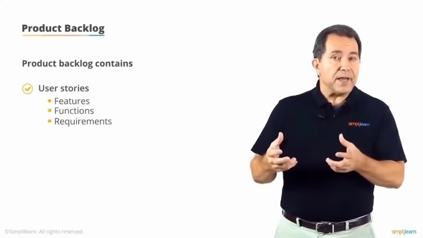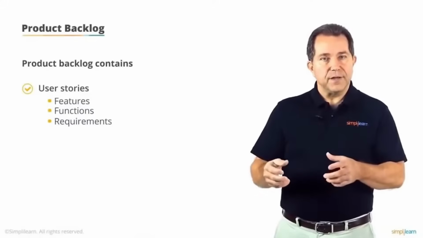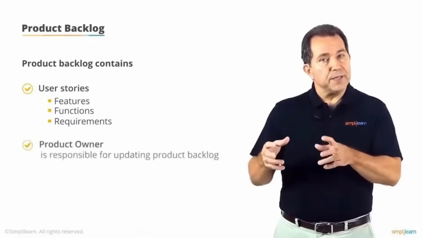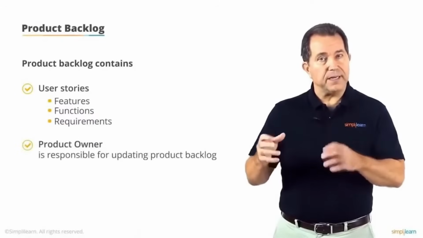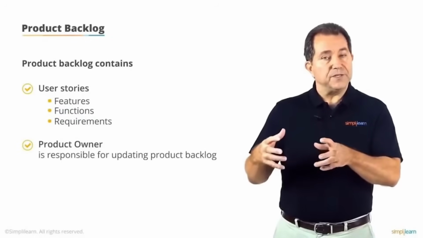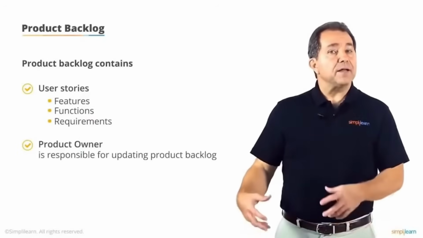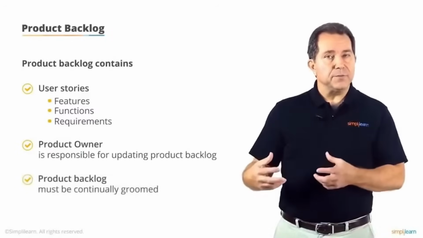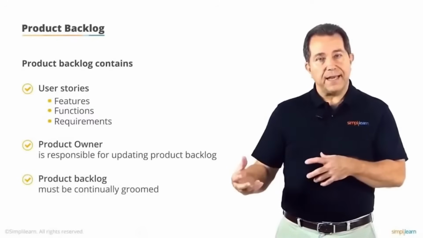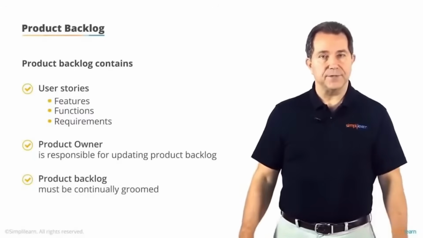The product backlog may also include risk or defect-related user stories. The product owner is responsible for keeping the product backlog current and up to date. This is accomplished by pruning the backlog, which is prioritizing and reprioritizing. The product backlog must also be continually groomed. This is the process of adding and removing user stories based on the needs and desires of the customer.